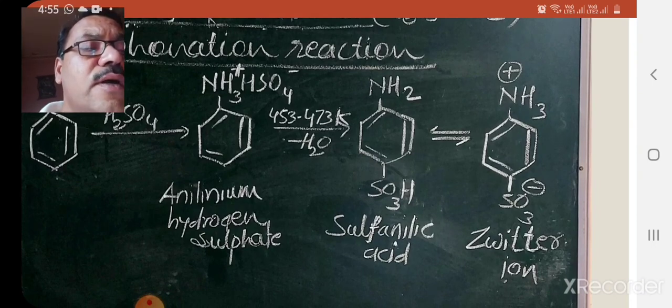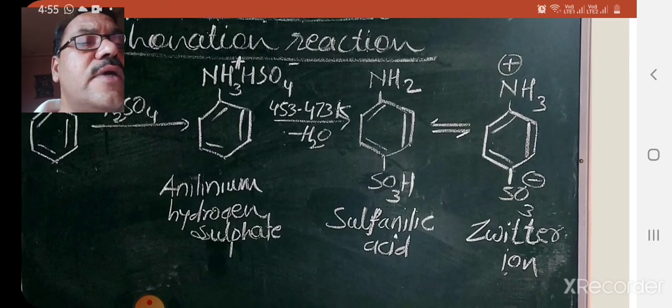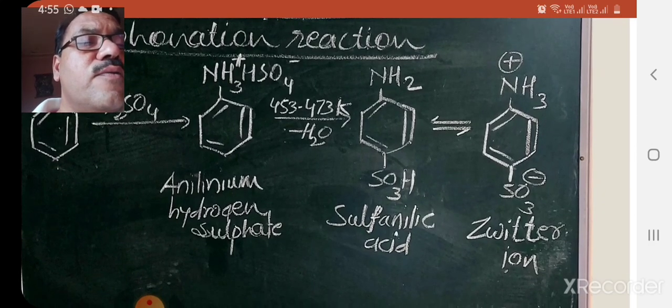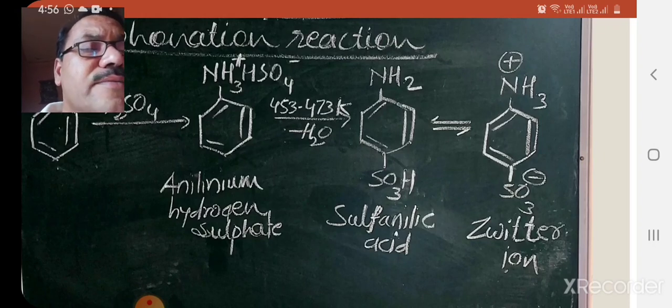This ion is called a Zwitter ion. In the exam, an MCQ has once been asked, what is a Zwitter ion? So the Zwitter ion contains a benzene ring attached to an NH3+ group and, at the para position, an SO3- group. This is called a Zwitter ion.